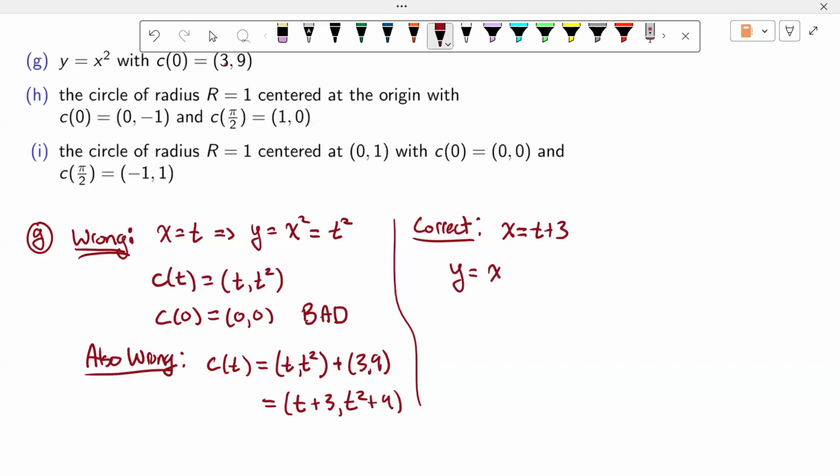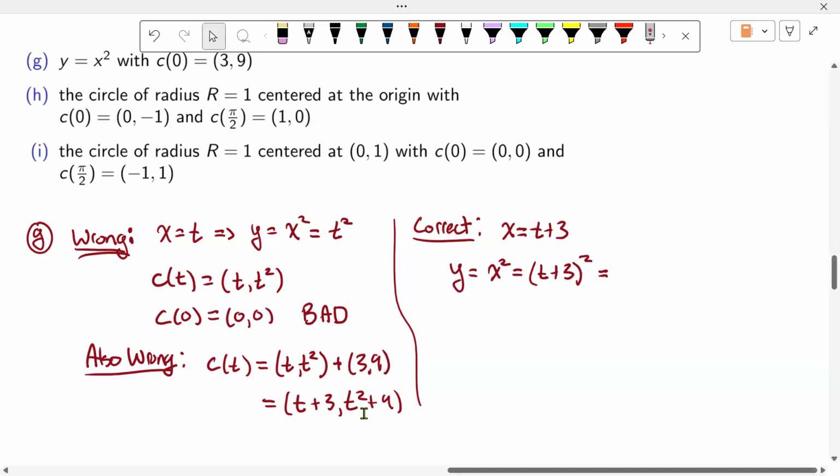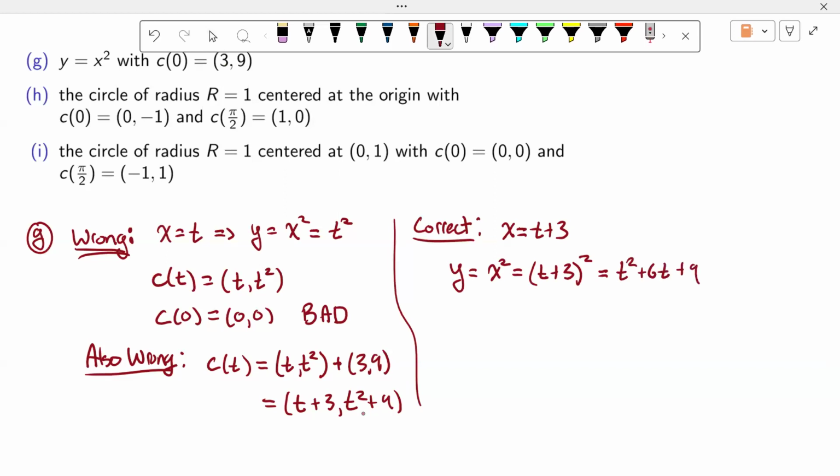Well, your y is x squared. So it'll be t plus 3, all squared, which is, interestingly, not t squared plus 9. It's t squared plus 6t plus 9. And so now we get our c of t: t plus 3, t squared plus 6t plus 9.